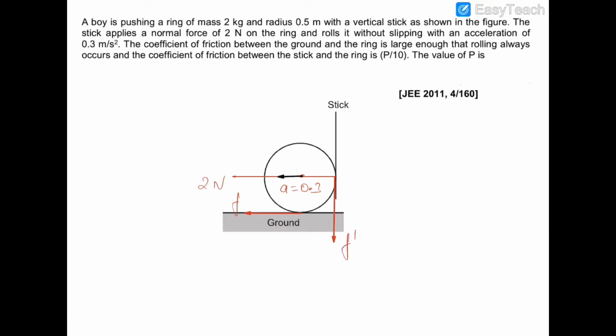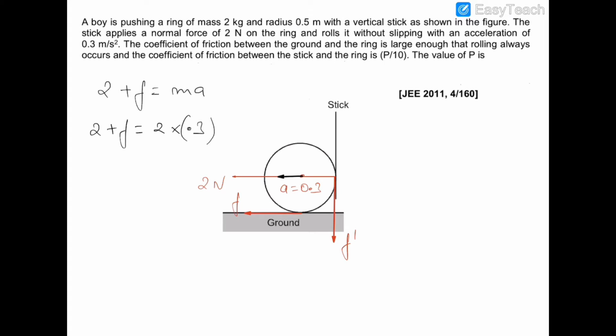So first of all, we have to write down the equation of forces. We know that the total force acting on this ring in the forward direction is F and 2. So we can write down that 2 plus F is equal to ma. So 2 plus F is equal to m is 2, and A is given as 0.3.